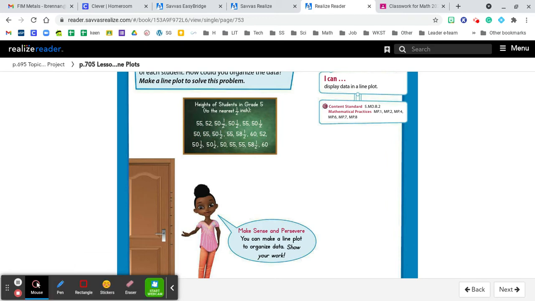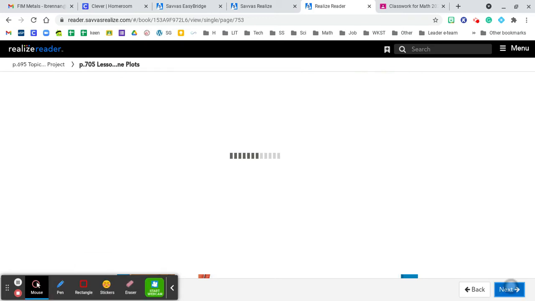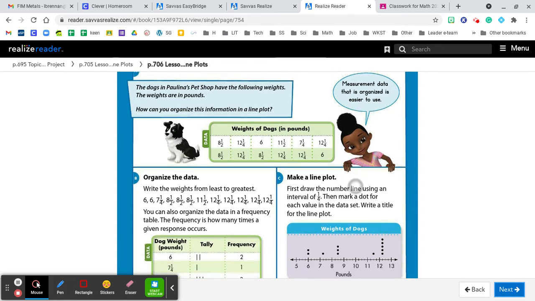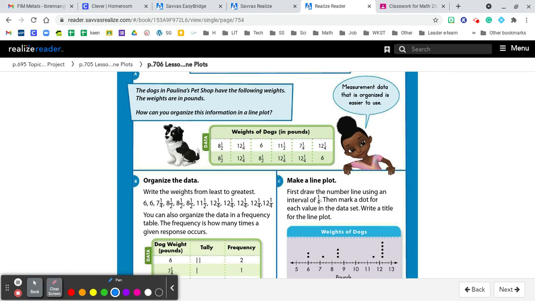Okay, moving on. So again, in this example, there's a data table, and it's all written in a jumble.